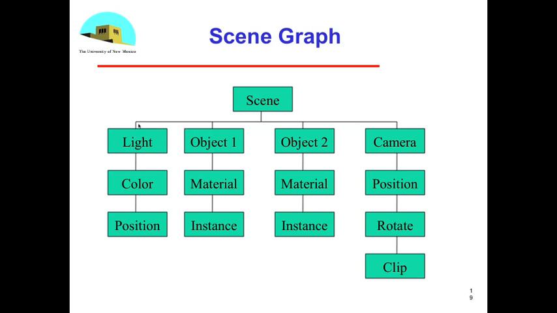Some of these nodes are called separator nodes, a sort of hidden node in here, which says, okay, I'm going to start at the beginning, and this is the new beginning. This is a group, and over here would be another group. But we need not get into that here.